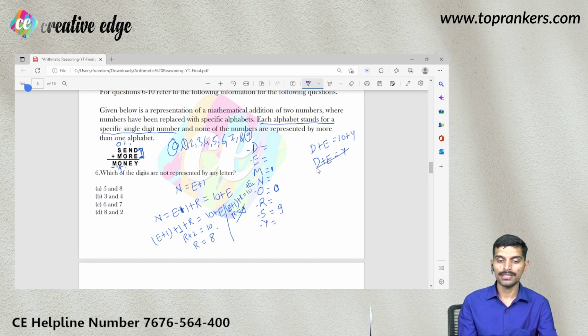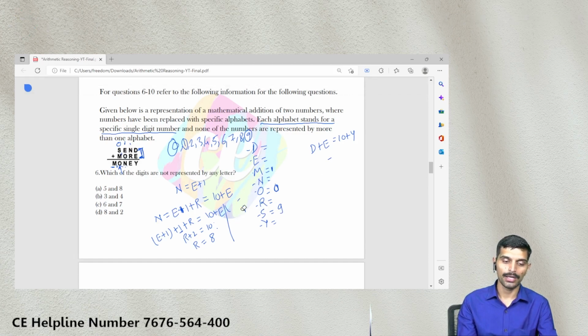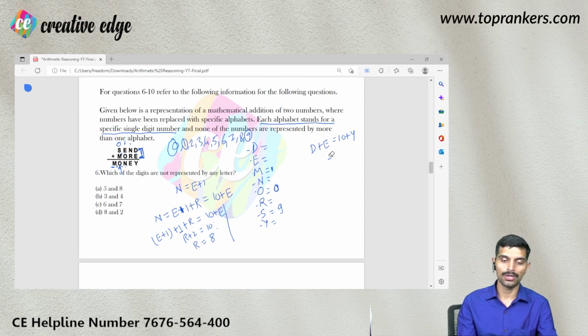So D plus E is not equal to Y, but D plus E is equal to 10 plus Y. So this possibility is eliminated, and I can surely say there exists only one possibility, that D plus E equals 10 plus Y, and hence R is equal to 8. So R is equal to 8 is also done.